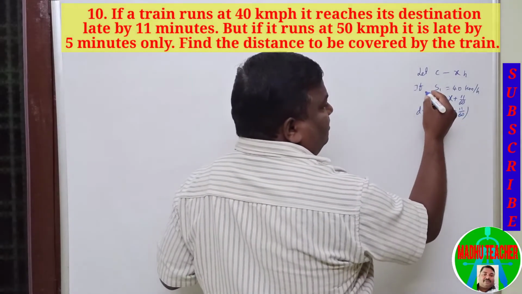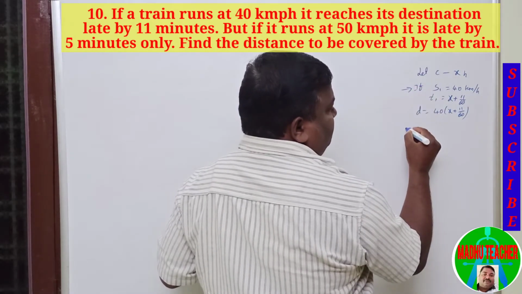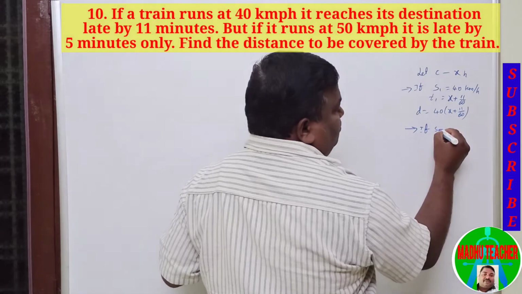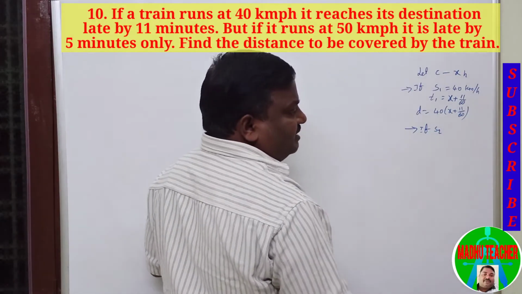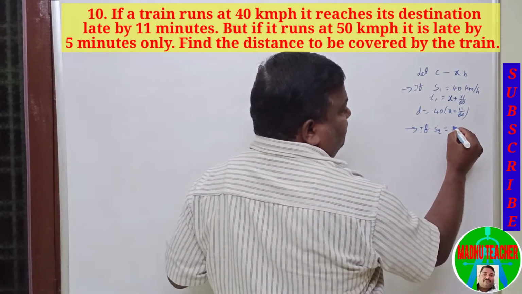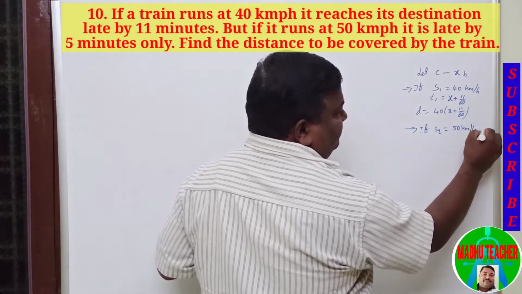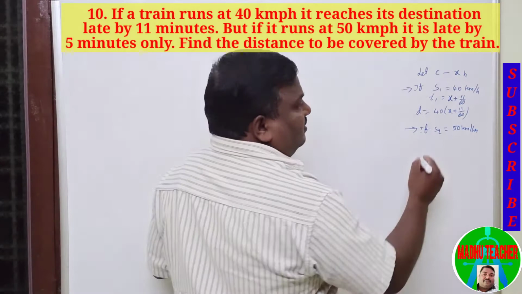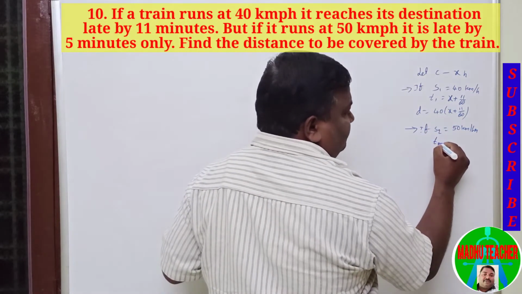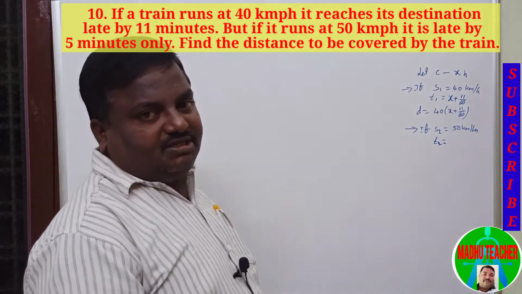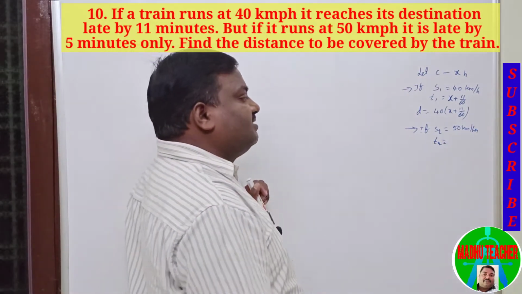This is the first condition. The second condition: speed s2 equals 50 kilometers per hour, and it is 5 minutes late.